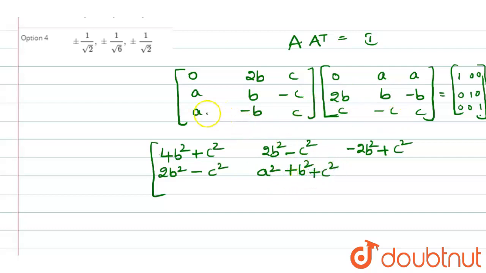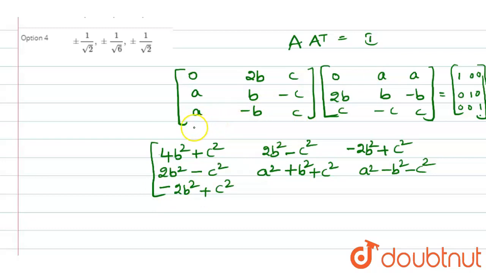Next, a into a gives a square, b into minus b gives minus b square, and c into minus c gives minus c square. Then a into 0 gives 0, minus 2b square, plus c square.